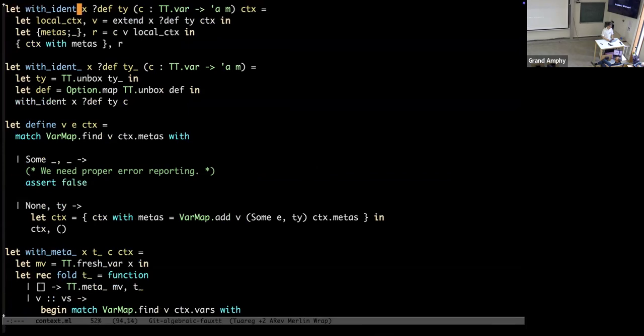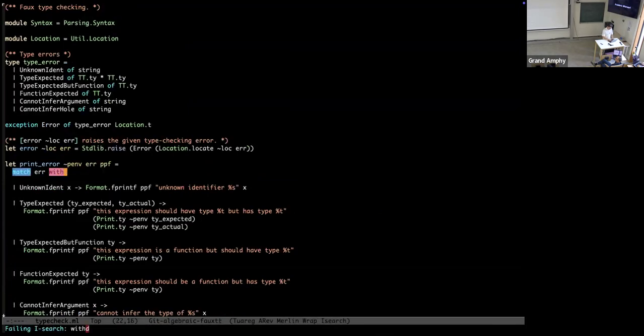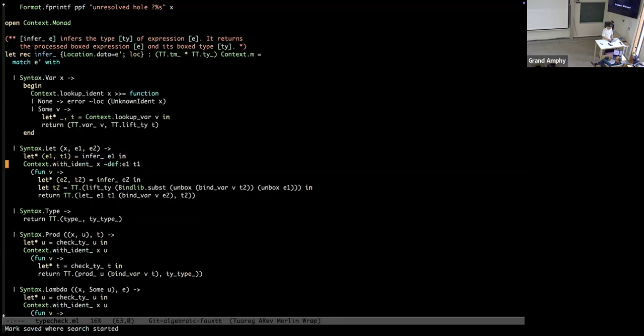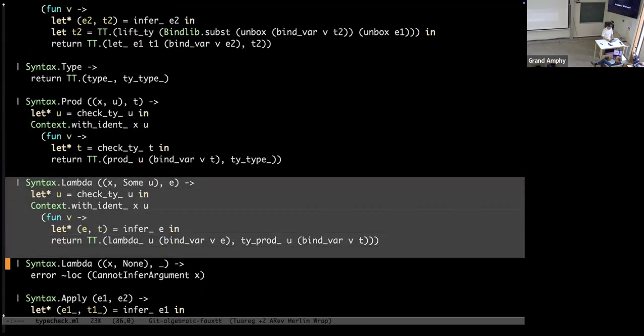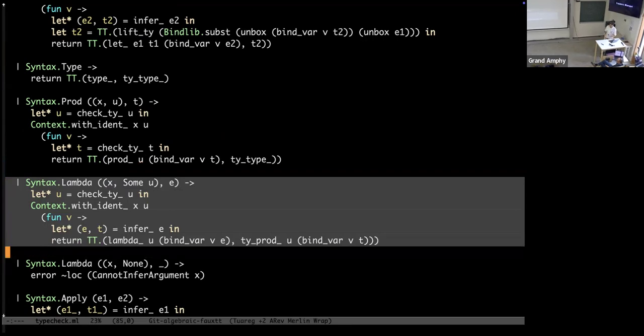This one is used when you introduce a new identifier. Maybe it's easier if I first show you how it's used. Let's look at the lambda. Okay, let's read the code for lambda. And this is presumably inference. Yes, this is inference mode.